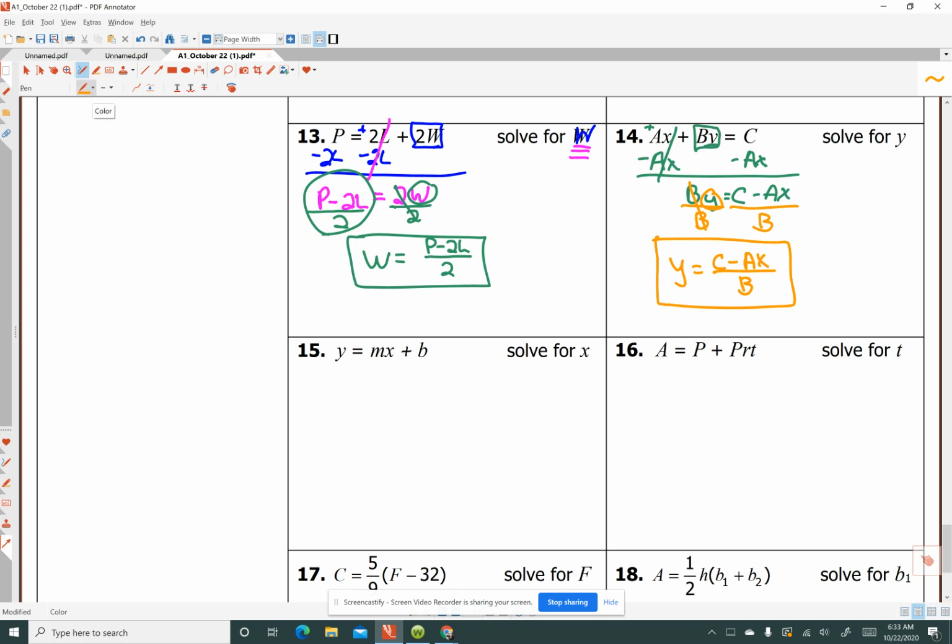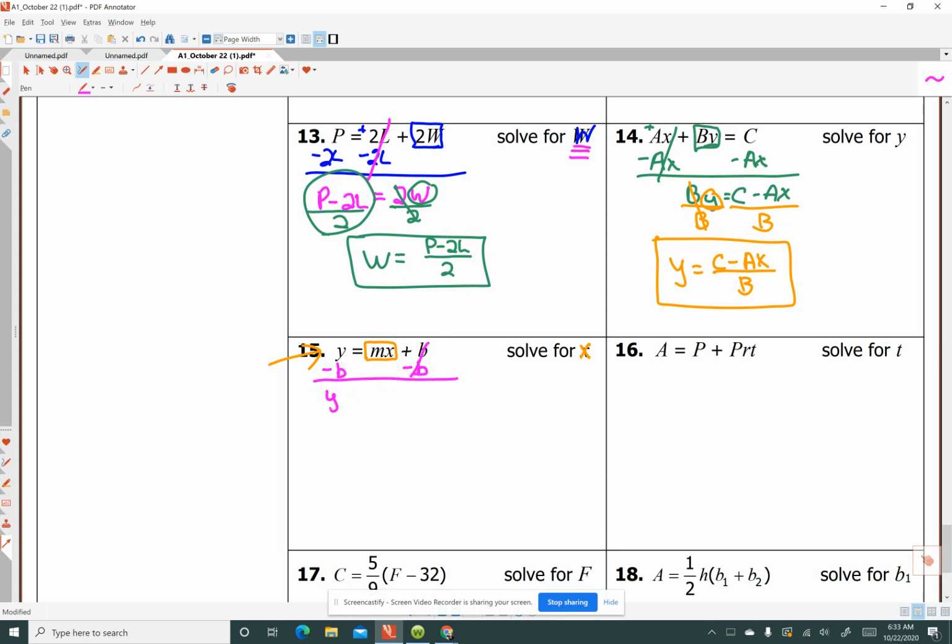Number 15, we're solving for X. X is locked inside this mx term, and this is the slope formula. You'll learn that pretty soon in algebra, and we'll learn how that works and what that does. It's a beautiful thing. So for now, we need to isolate mx before we isolate the x. So we need to subtract b, and whatever we do to one side, we do to the other.